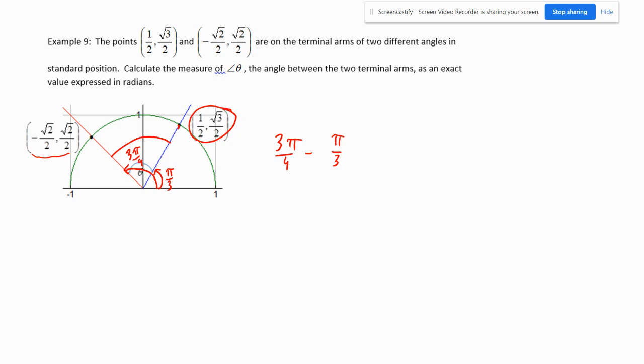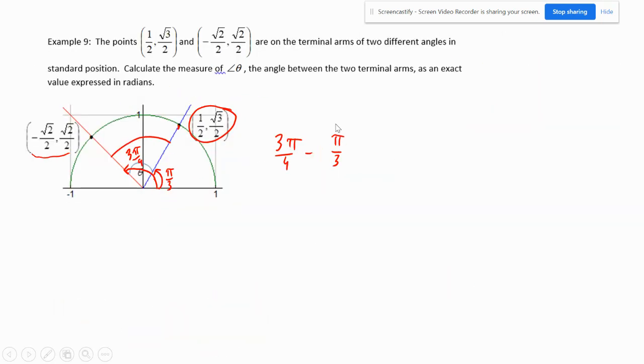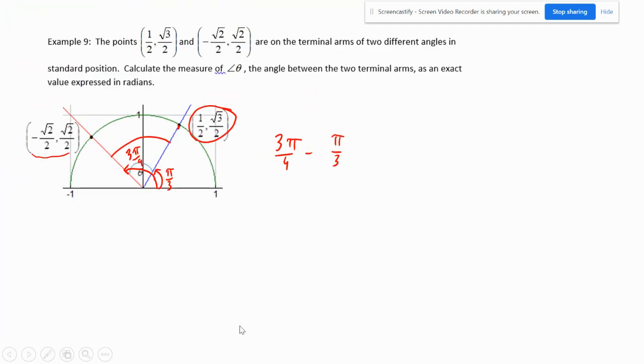We need a common denominator to subtract these fractions. I'm going to multiply the first fraction by 3 over 3 and the second by 4 over 4. So we get 9 pi over 12 minus 4 pi over 12 equals 5 pi over 12. And that's our answer for example 9.